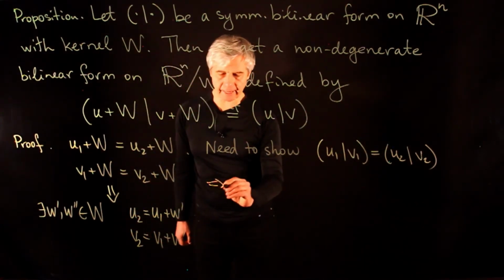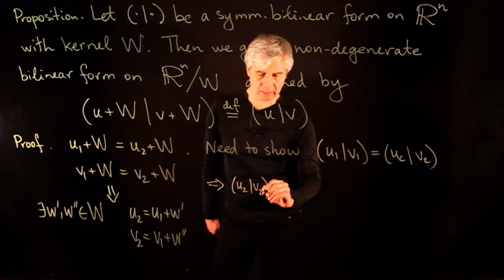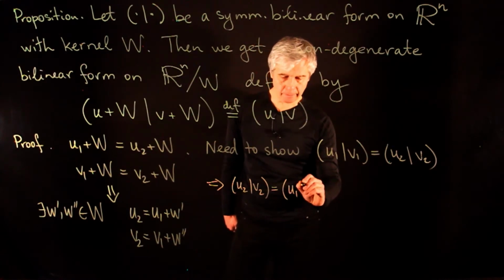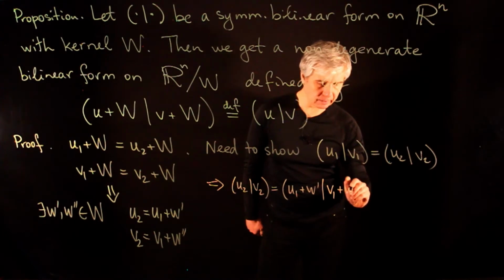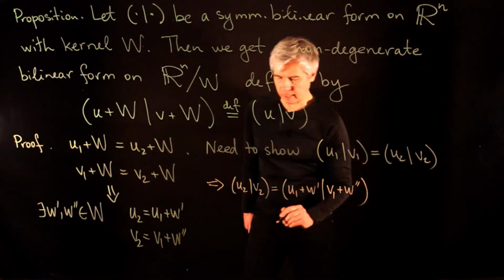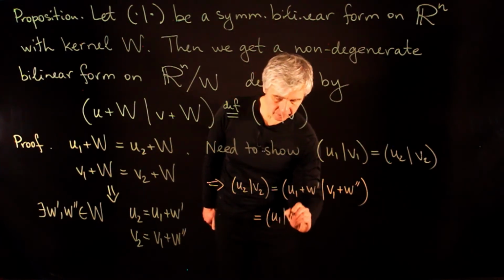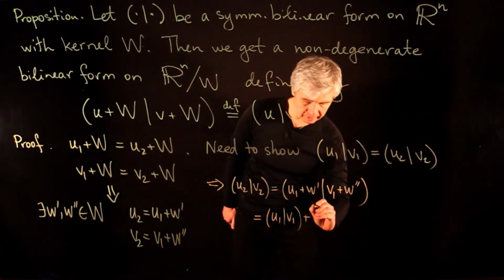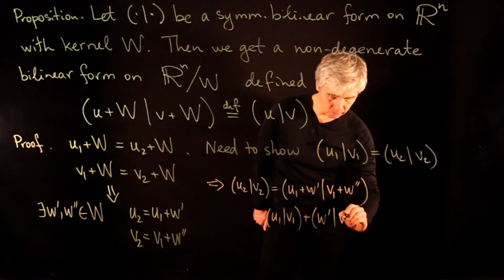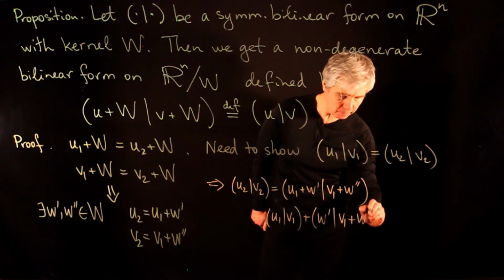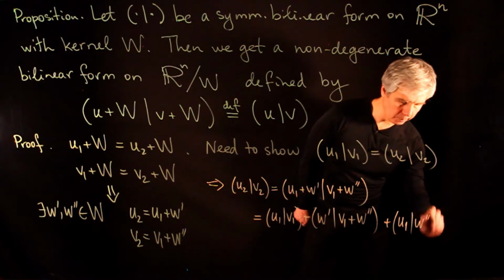Then we get that u2 with v2 is equal to u1 plus w prime with v1 plus w double prime. Expanding, this will be u1 with v1 plus w prime with v1 plus w double prime plus u1 with w double prime.